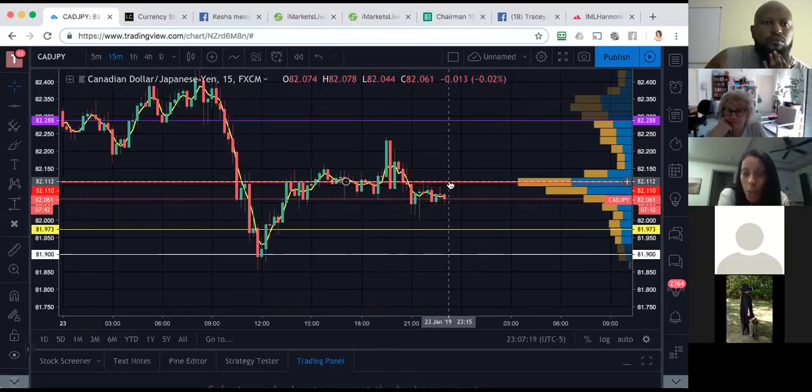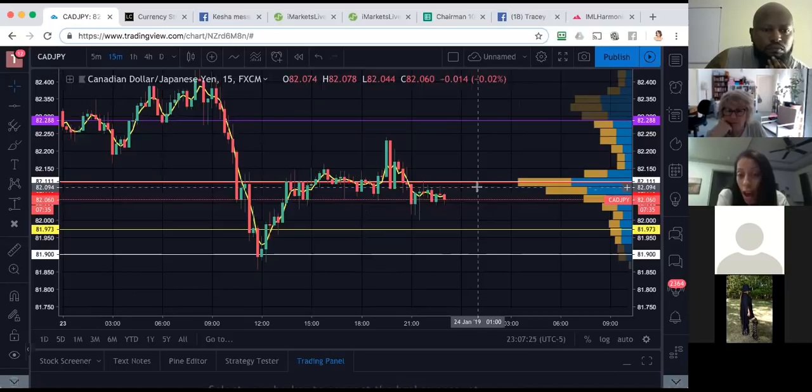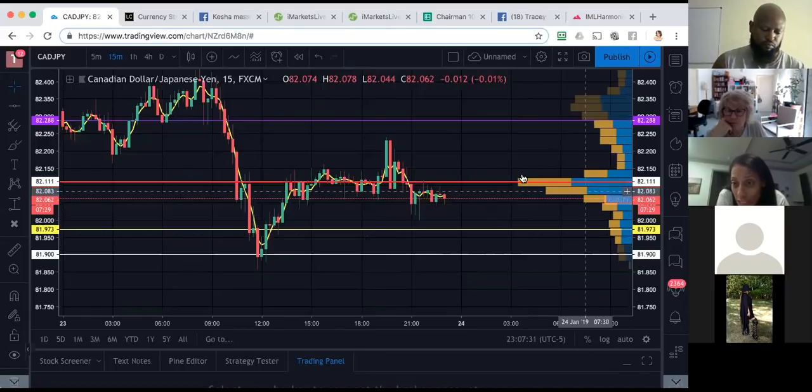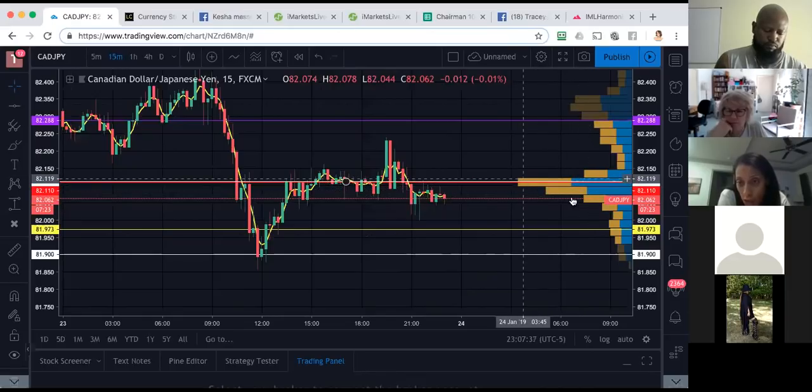Now, for the sake of what I'm getting ready to talk about right now, I'm going to talk more about Akinashi versus the volume profile. Volume profile is good, so you can see how much volume is in the market. If these gold bars are protruded out a lot, it's usually more volume.